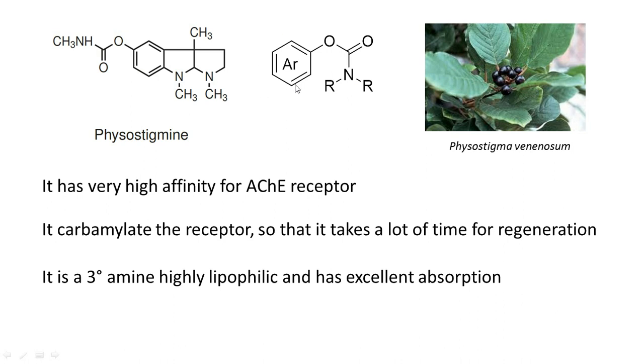The aromatic ring shall carry functional groups in such a manner that it fits into the receptor pocket. It increases selectivity of the molecule towards acetylcholinesterase, because acetylcholinesterase belongs to the serine hydrolase enzymes, which are ubiquitous, found throughout the body in various forms. That's why selectivity is highly essential.